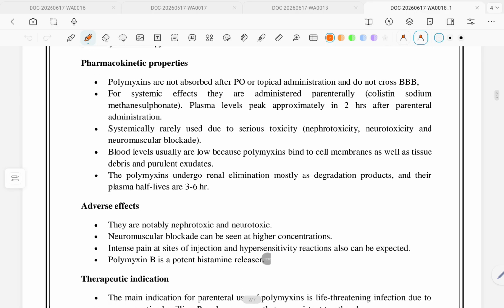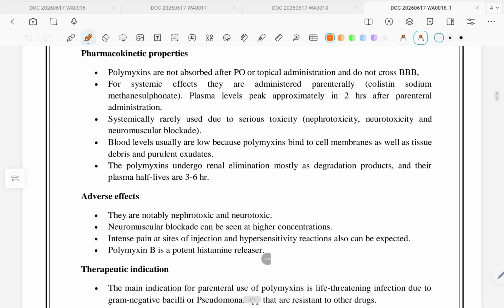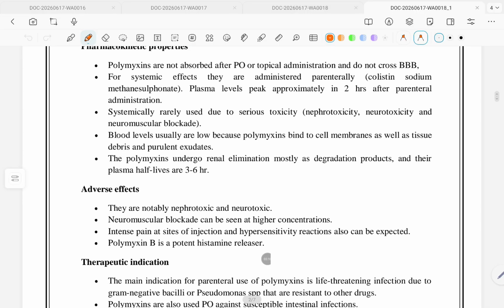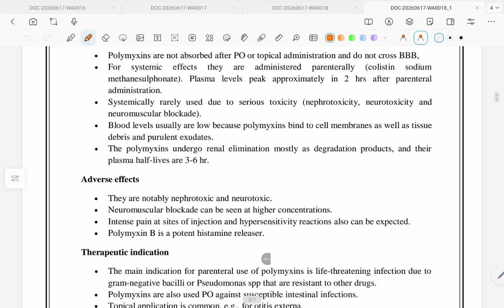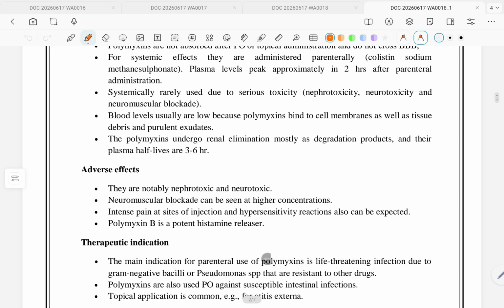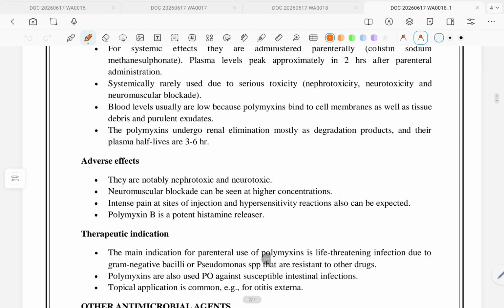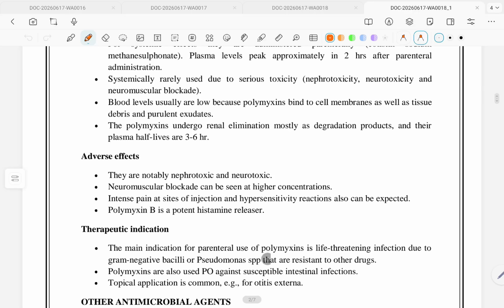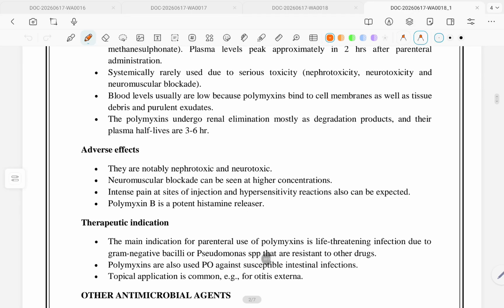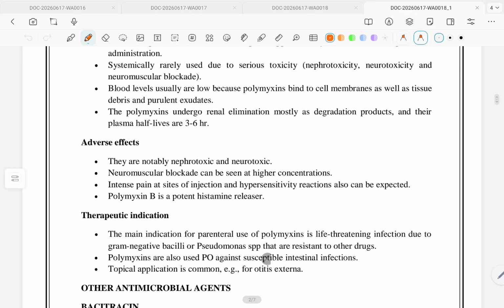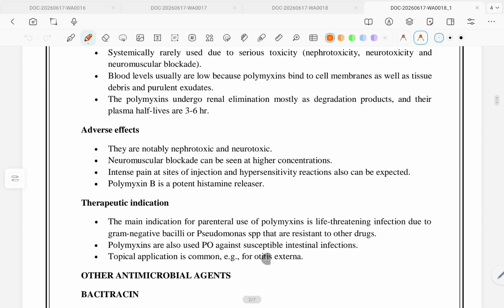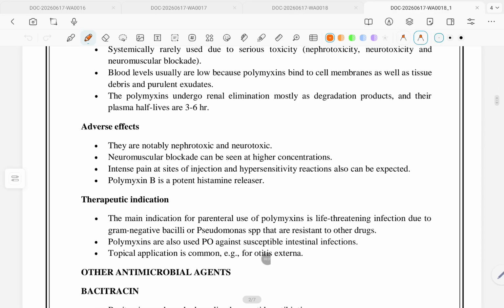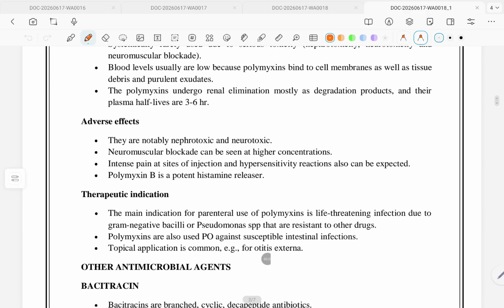Systemically rarely used due to serious toxicity: nephrotoxicity, neurotoxicity, and neuromuscular blockage. Blood levels usually are low because polymyxin binds to cell membranes as well as tissue debris and purulent exudates. The polymyxins undergo renal elimination mostly as degradation products, and their plasma half-lives are 3 to 6 hours.